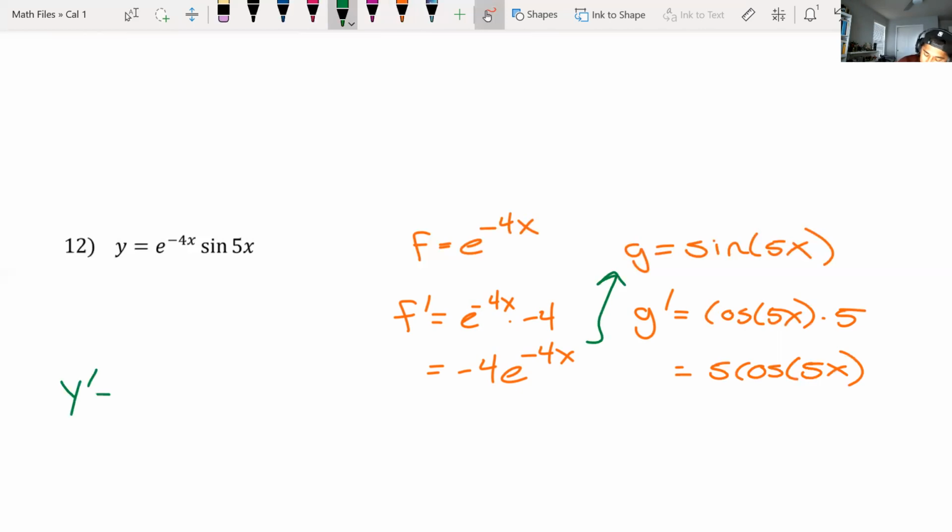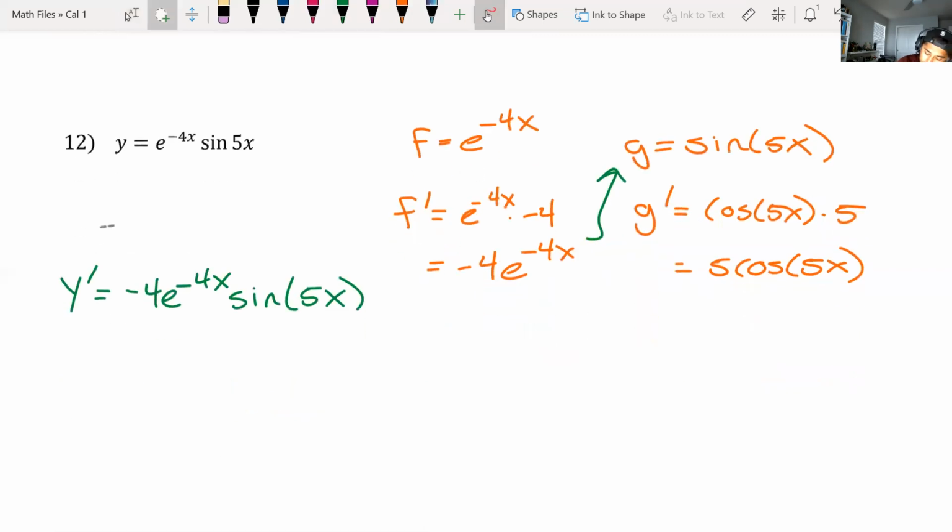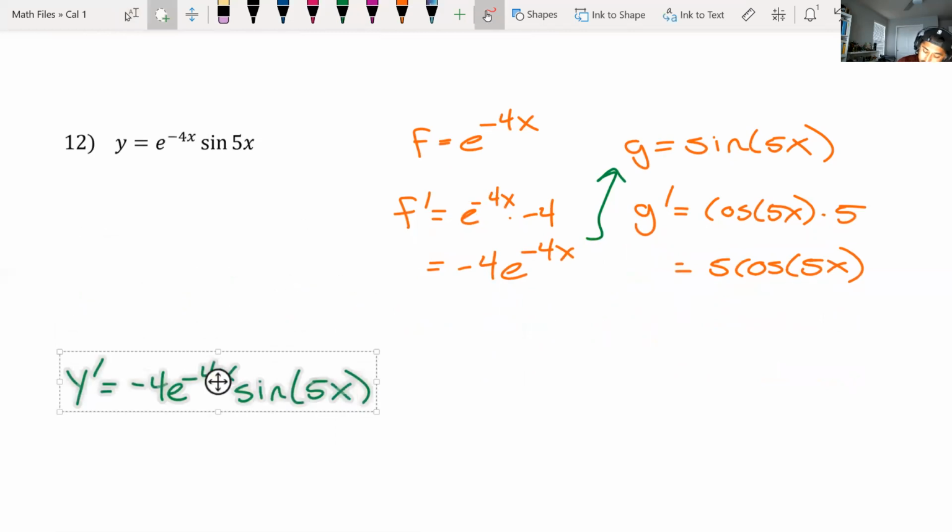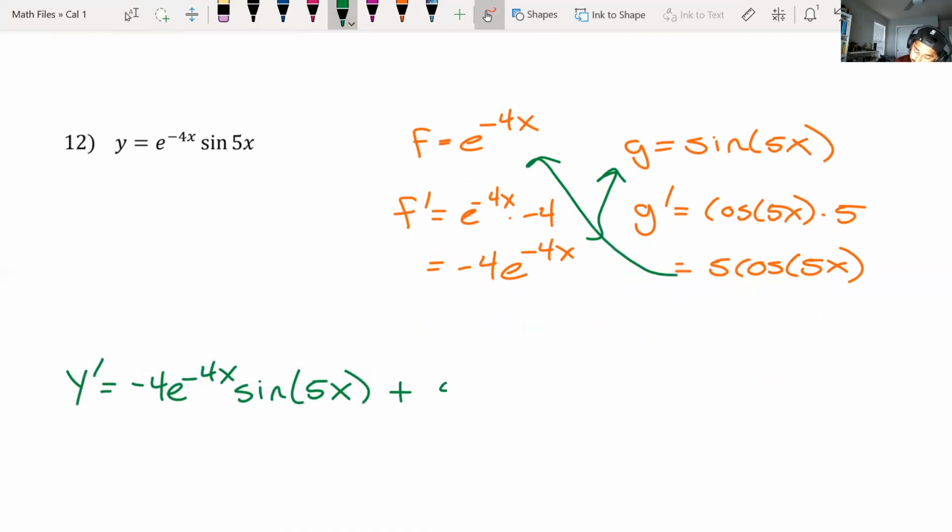So y prime: f prime g gives me negative 4 e to the negative 4x sine 5x, plus g prime f, which is going to be 5 cosine 5x times e to the negative 4x. We could say that's done.